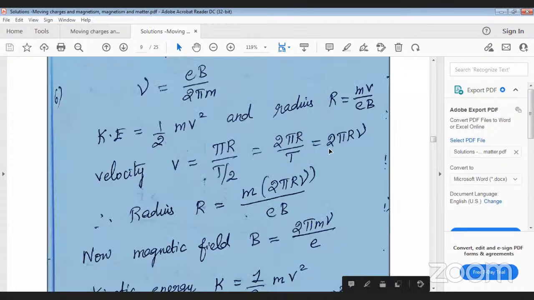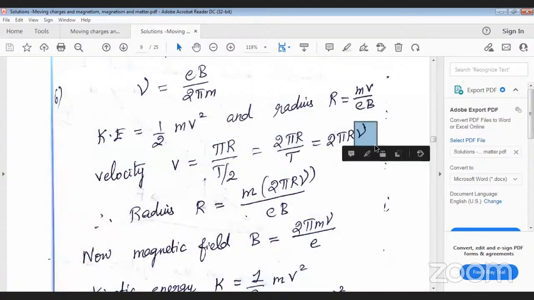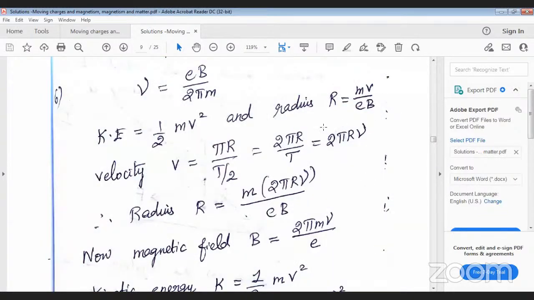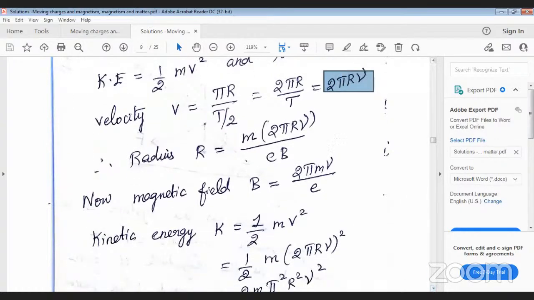So v is 2 pi r into nu. Now what is the radius r? It is mv by eB here. So instead of v, I have to substitute 2 pi r into nu. That's what I have done here: r equals m into 2 pi r nu divided by eB.